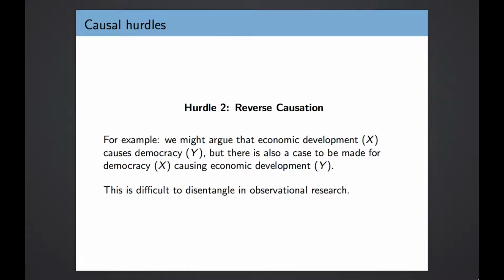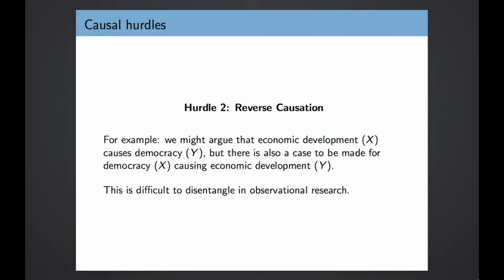So this is something that is difficult to disentangle in observational research. There are a couple of strategies that we have for trying to make sure that reverse causation isn't the reason that we see the relationship between the variables that we're interested in. One of them is to tell a really strong theoretical story about why the causal arrow points in the direction that we theorize it does.